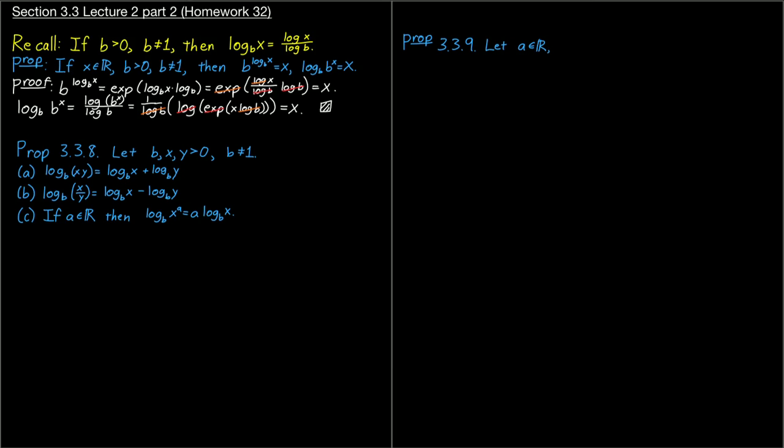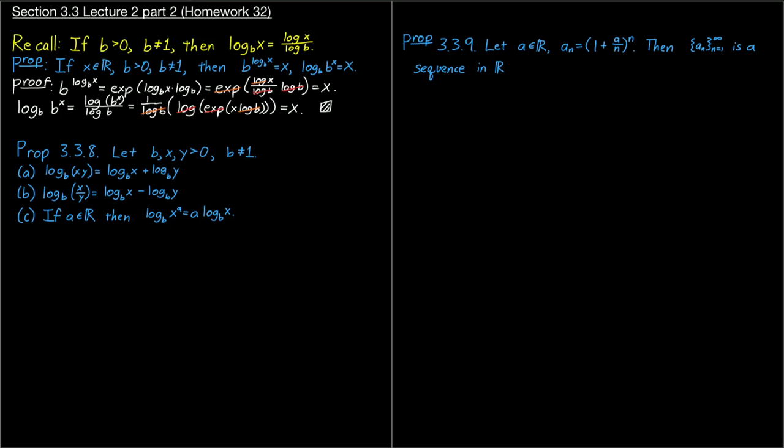Let's let A be a real number and let A sub n be the number 1 plus A over n to the nth power. Then A sub n is a sequence of real numbers.